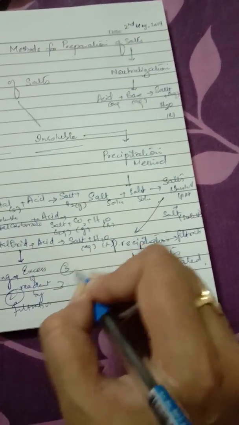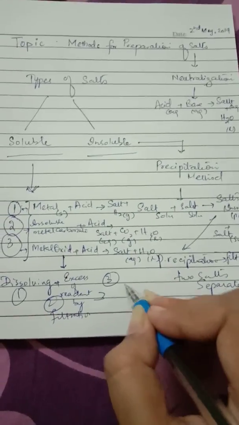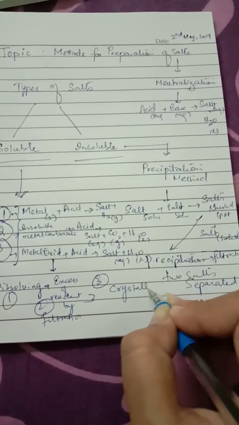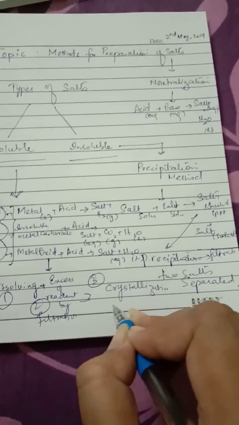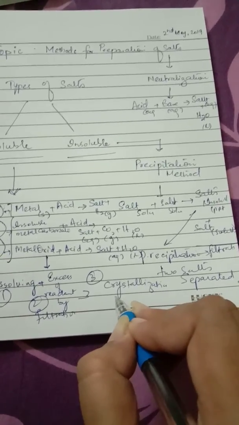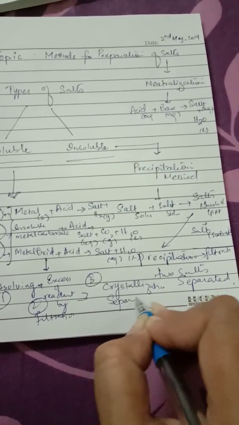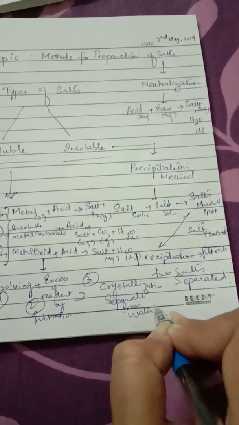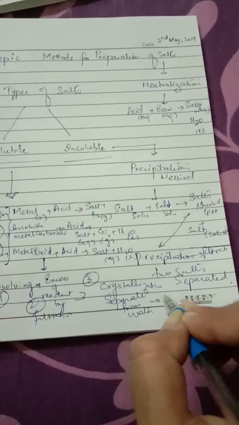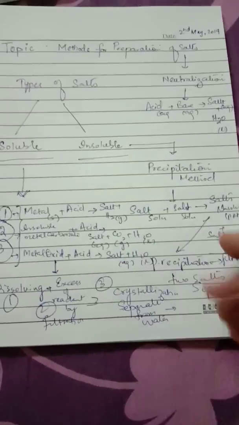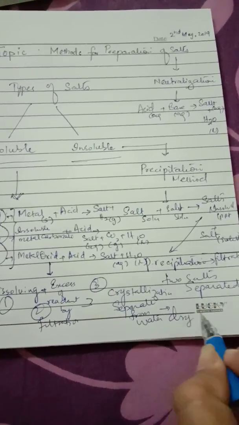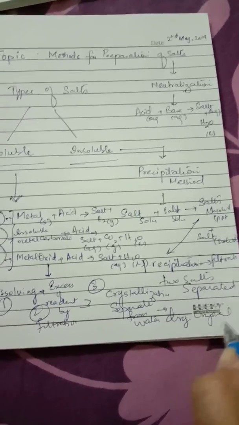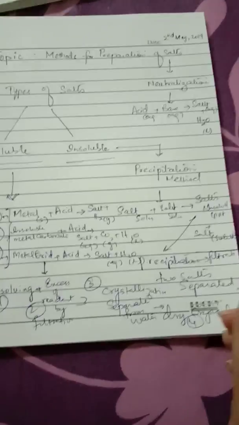Then we go for crystallization to get our salt separated from water. And last, we dry our crystals between the folds of filter paper. This is the fourth step.